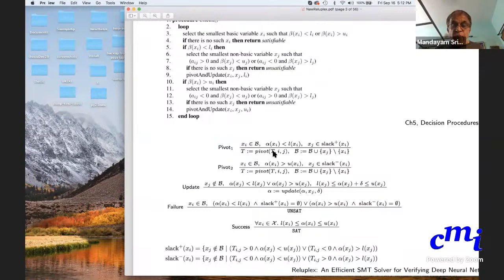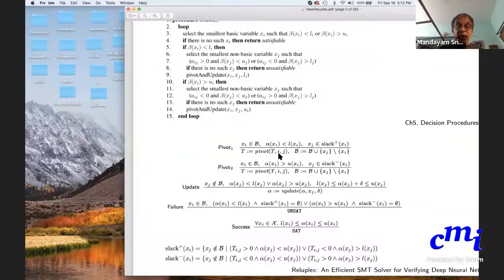What exactly is happening? For those who are not familiar with inference rules, you should read each of these rules as follows. Each rule has something above a horizontal line and something below. If the condition above the horizontal line is met, then you apply the rule, you take the action given below the horizontal line.